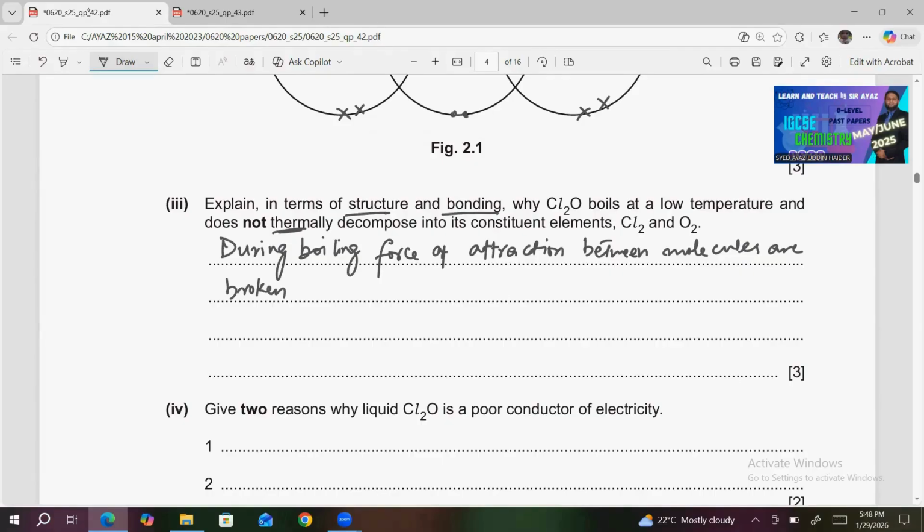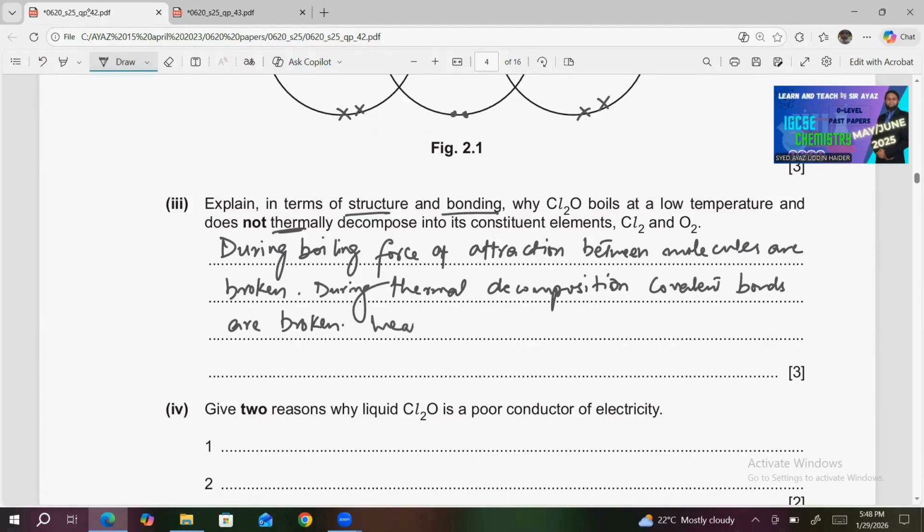So the bond is strong. During thermal decomposition, covalent bonds are broken. So later, what you are going to write: in the molecule, there will be weak attraction between molecules, but the covalent bonds are strong.